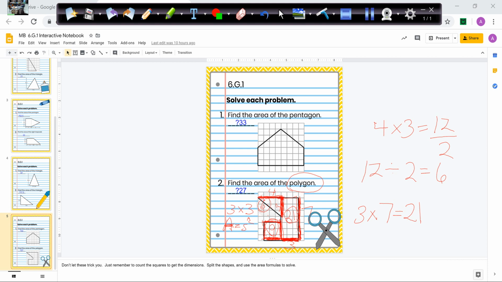We take the 6 from the triangle, the 21 from the rectangle, and the 9 from the square, and we're adding. 21 and 9 make 30, and 6 is 36. You can put that in your calculator. 6, 21, 9 will make 36. So this one should be 36.